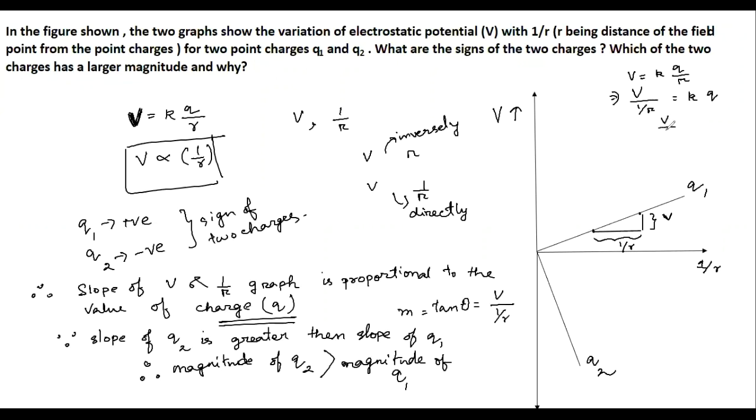That means this V by 1 by R is proportional to the charge value, and this V by 1 by R is nothing but the slope of V versus 1 by R. So all you need to know is that the slope value for such graphs is going to give you the magnitude of the charge value.